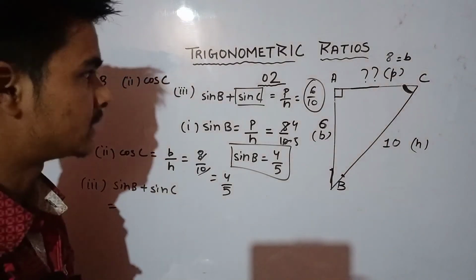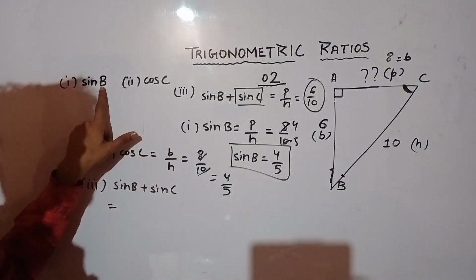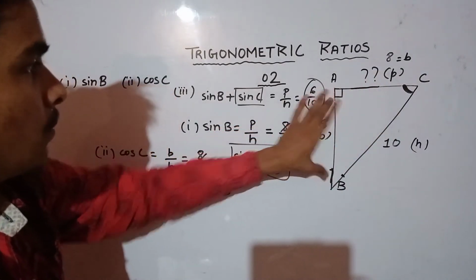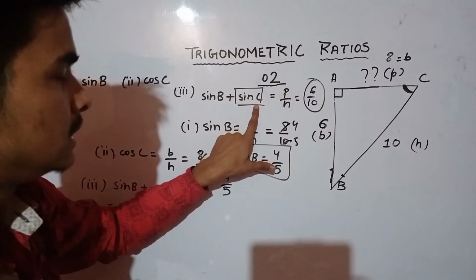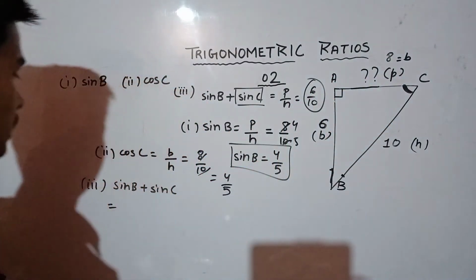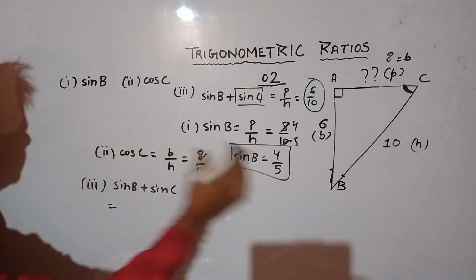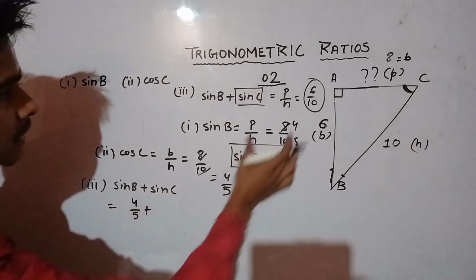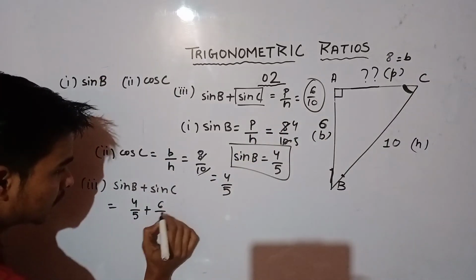See the difference. When it was sine of B, this was our perpendicular and this was our base. When it is sine of C, this is our base and this is our perpendicular. See the difference clearly. So sine of B is 4 upon 5, and sine of C is 6 upon 10.